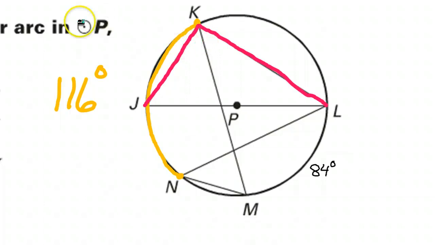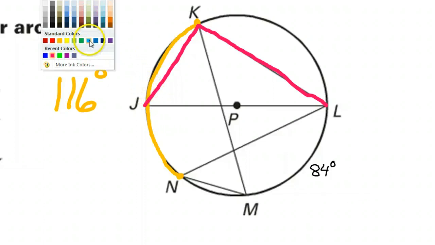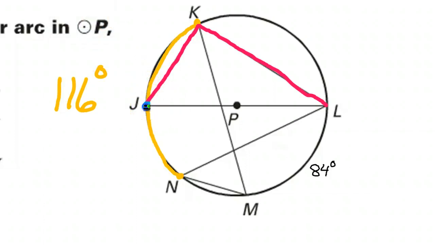Or sometimes I'll need to know that the arc is double the angle. See how the angle ends here and here. So the intercepted arc is this blue one, and this angle should be half of this arc. If only I knew how big this arc was.